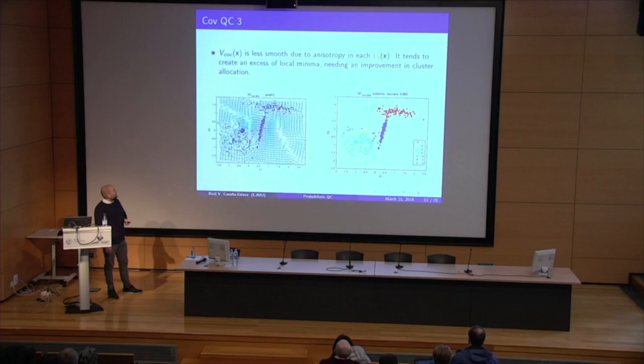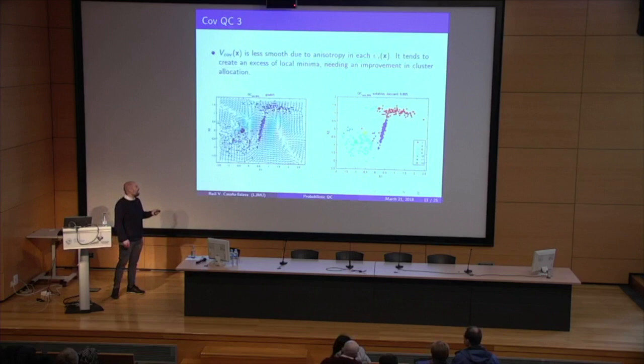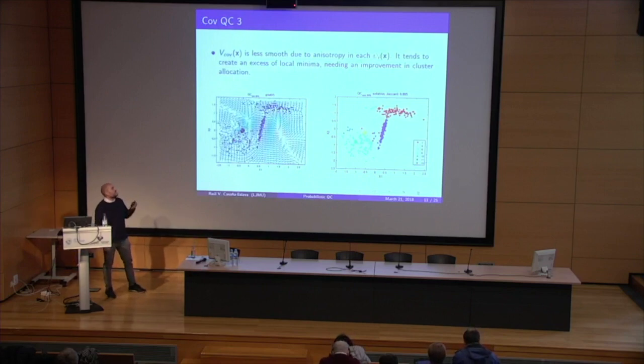There is also another problem related to the covariance version of quantum clustering: because the wave functions are anisotropic, when you superpose all the wave functions it's not a round or smooth potential, and some local minima appear, like here, because the superposition is less powerful than with the spherical Gaussians. But we are keeping the same cluster discriminator.